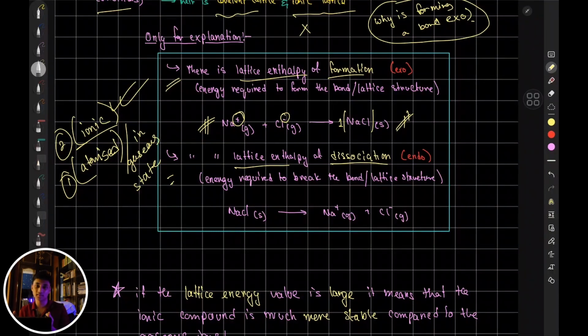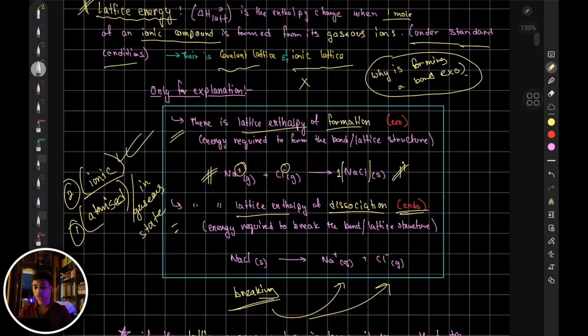So in this case, what is supposed to happen? It is supposed to be endothermic, because in the reverse reaction, you're breaking the bond. As a result, you're getting two separate ions.